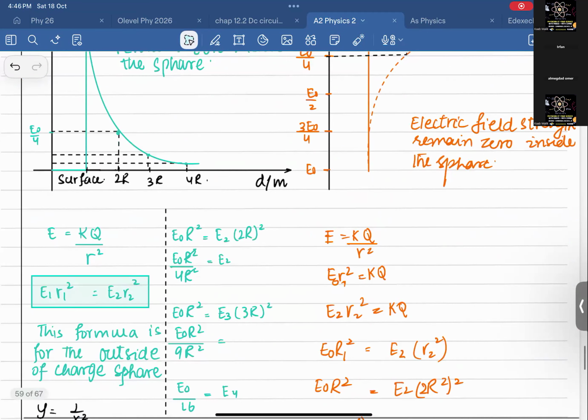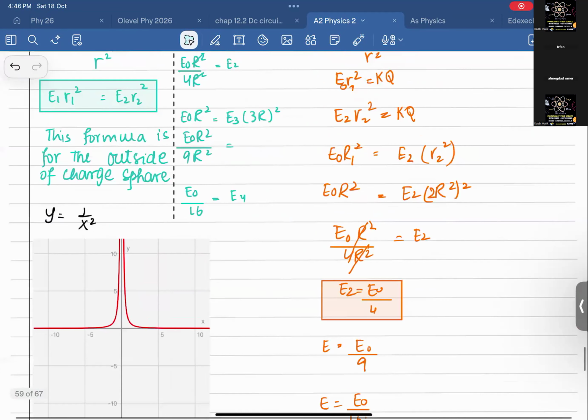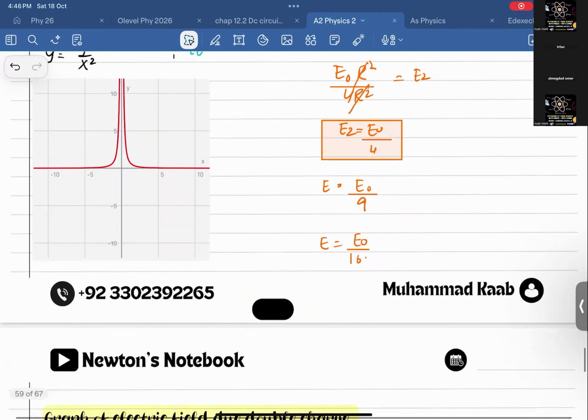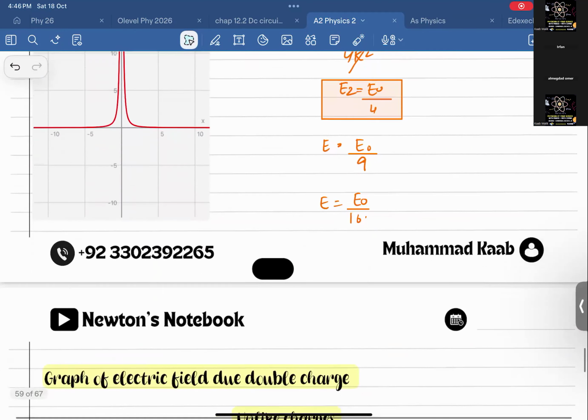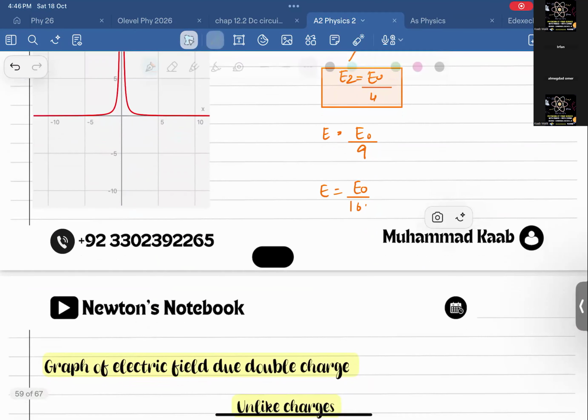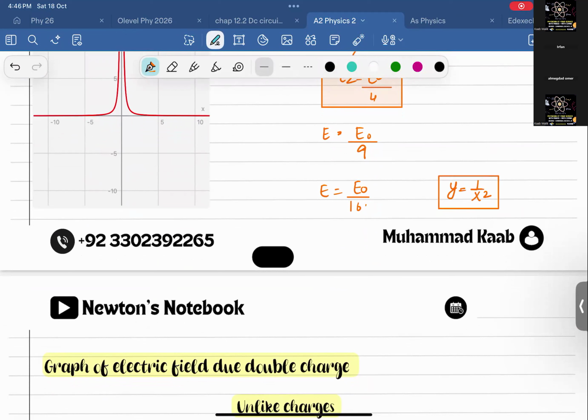So this is done, and inverse square law is also called y equals to 1 over x squared, right? This is what we call the inverse square law.